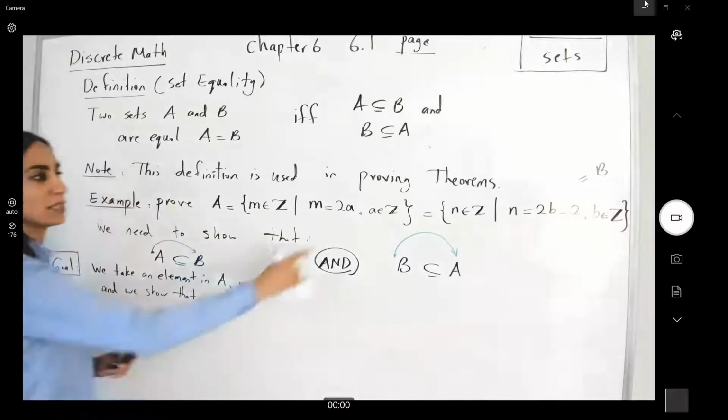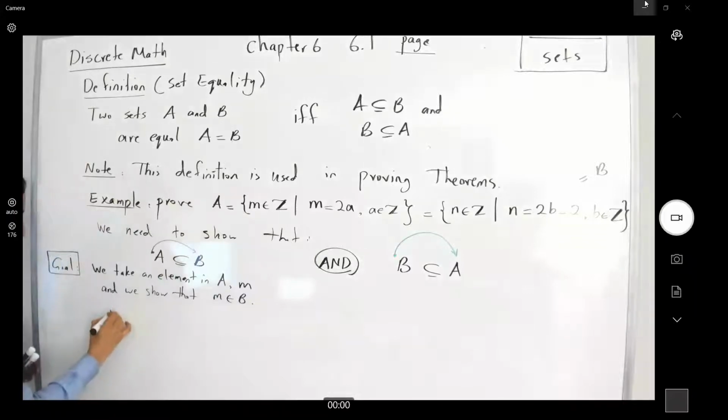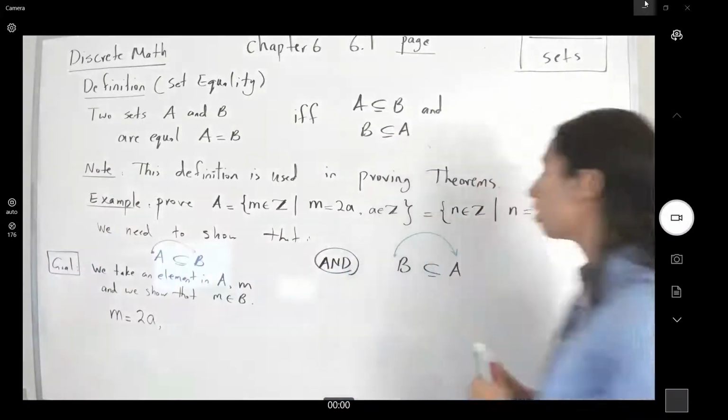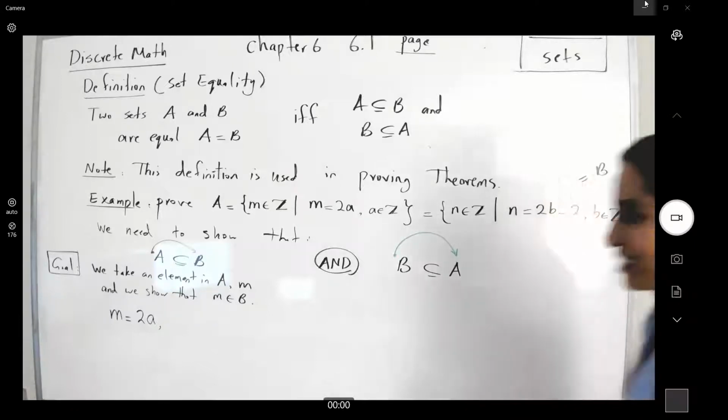Okay, any element in A has the form 2 times a. M can be written as 2a. Perfect. My goal is to show that it can be written as 2b minus 2. Well, if I define a to be b minus 1, then I'm done.